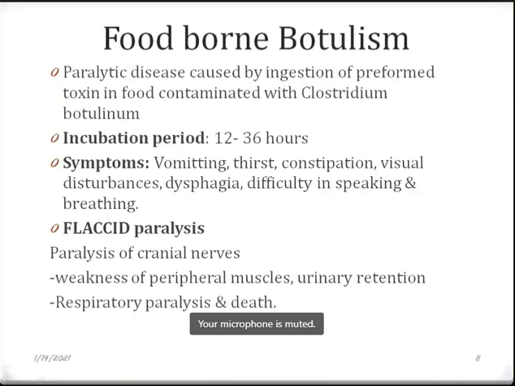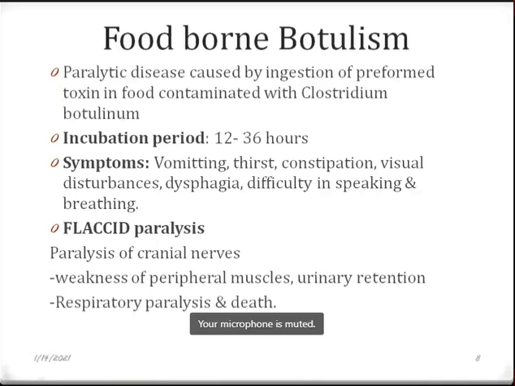Symptoms of foodborne botulism include vomiting, thirst, constipation, visual disturbance, dysphagia, difficulty in swallowing, difficulty in speaking and breathing. It leads to flaccid paralysis.